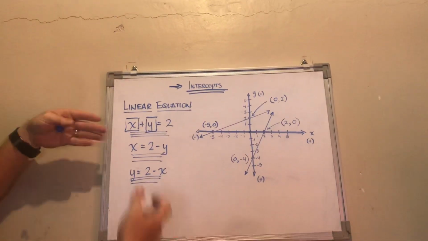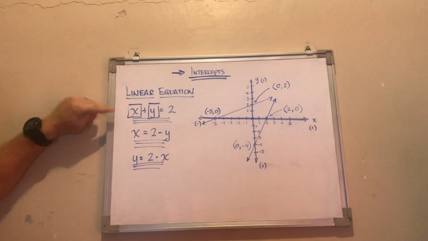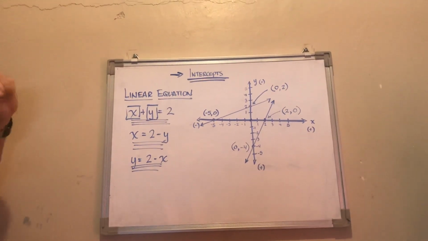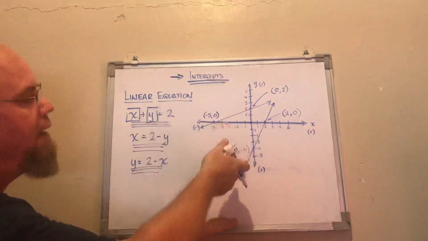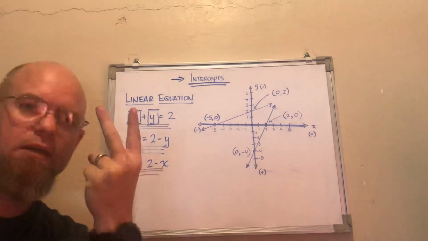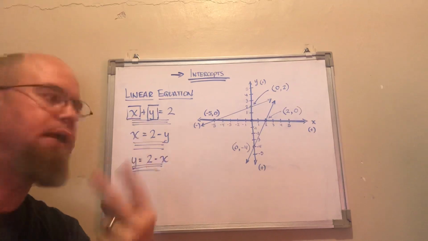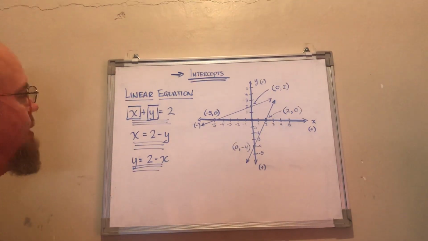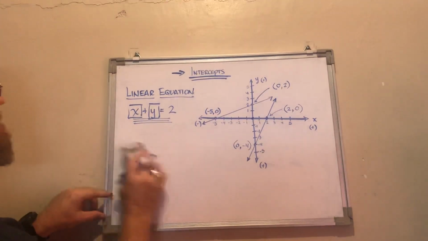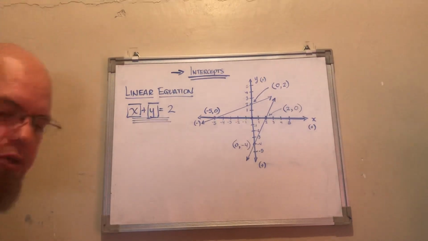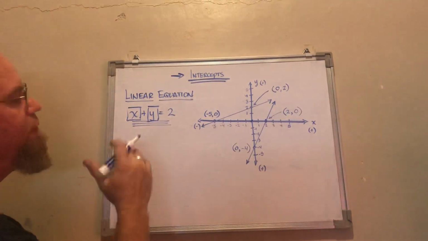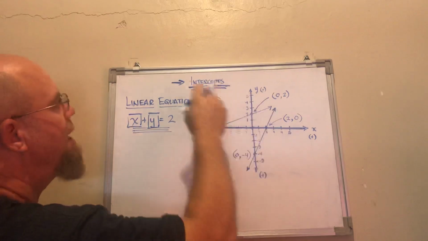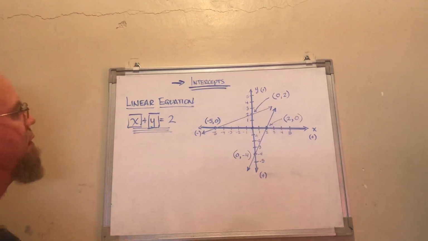All right? So let's just take, for example, x plus y equals 2. Well, in order to graph a line, you need 2 points. I need 2 points to be able to connect to show that line. So in order to find the 2 points, we want to find the 2 intercept points on the graph.